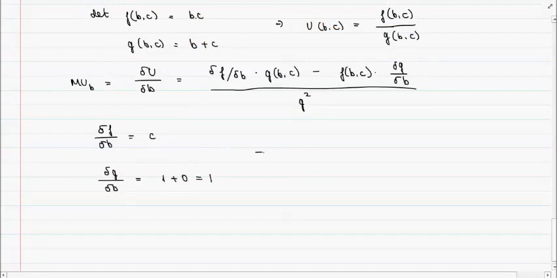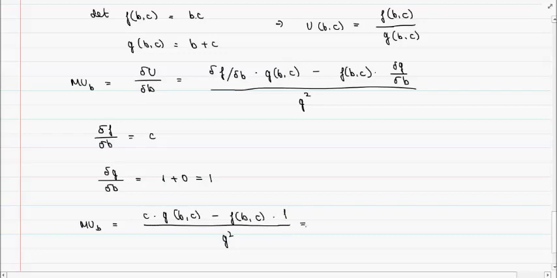Okay, so if you substitute this value back into our formula for the marginal utility, you get c times g minus f times 1, and everything divided by g squared.